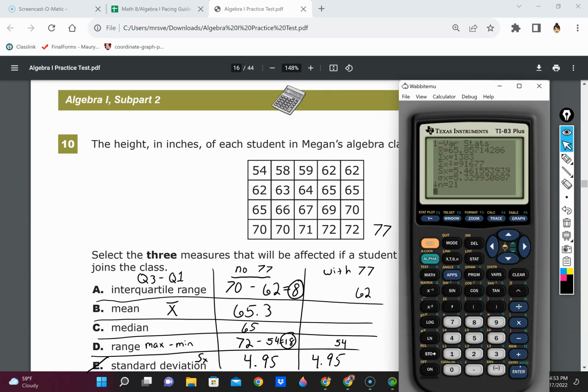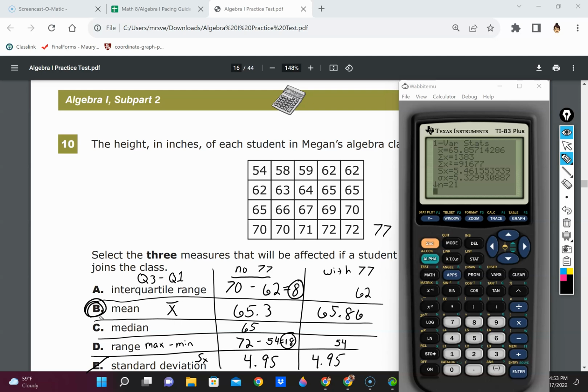We have the average, which is 65.86. So the average is being affected there. It's getting a little bit larger. Did I mess up on the standard deviation? Did it change? Yes, it did.